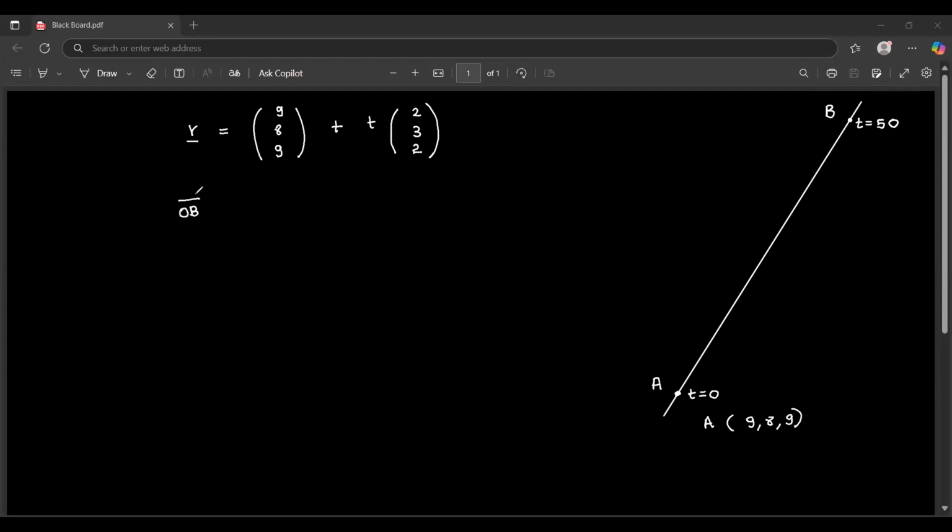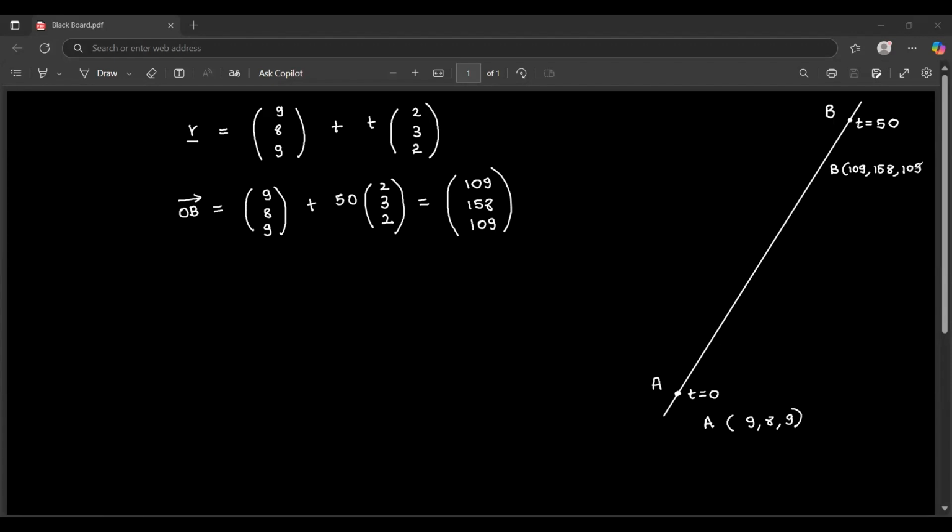So OB is equal to (9, 8, 9) plus 50 times (2, 3, 2). That gives me (109, 158, 109). So this is the point B.